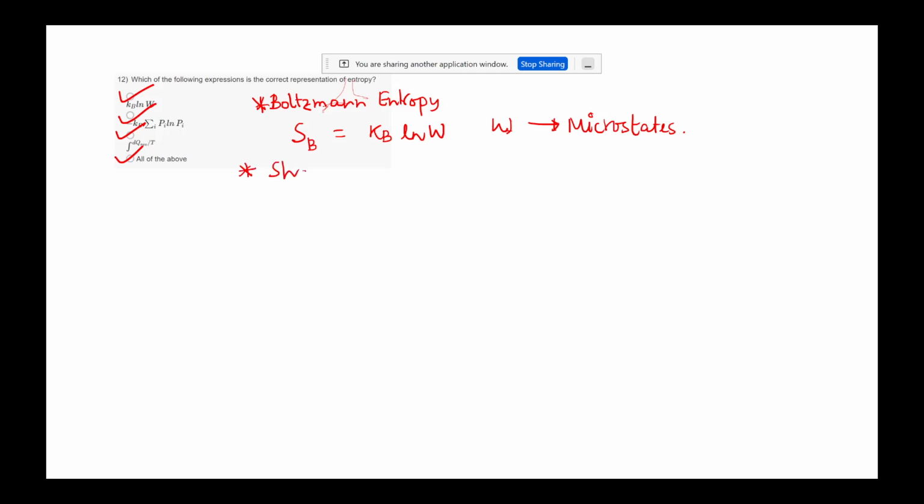Shannon entropy, which actually makes the connection between probability and entropy, is this. And thermodynamic entropy.